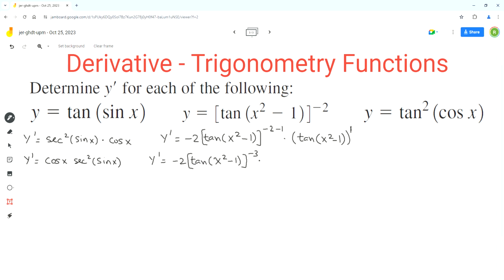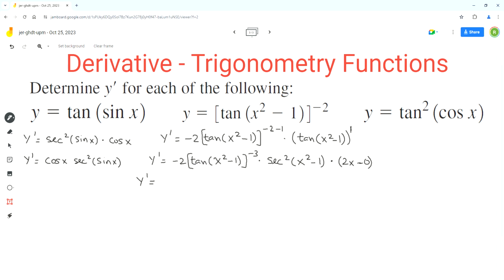So this expression has the outer function tan, and the derivative of tan is secant squared, times the derivative of the inner function, and the inner function is x squared minus 1. So we'll have to use power rule to find the derivative. So the derivative of x squared is 2x, and the derivative of 1 is 0 because 1 is a constant.